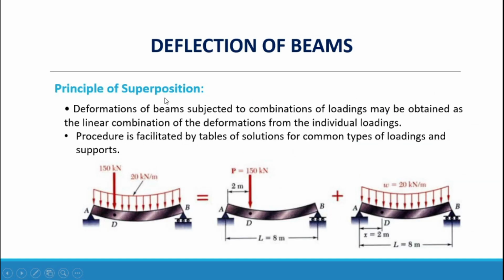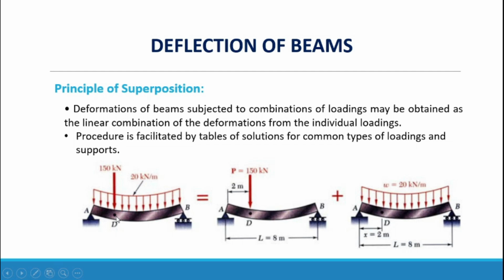And for the principle of superposition, deformations of beams subjected to combinations of loadings may be obtained as the linear combination of the deformations from the individual loadings. The procedure is facilitated by tables of solutions for common types of loadings and supports.